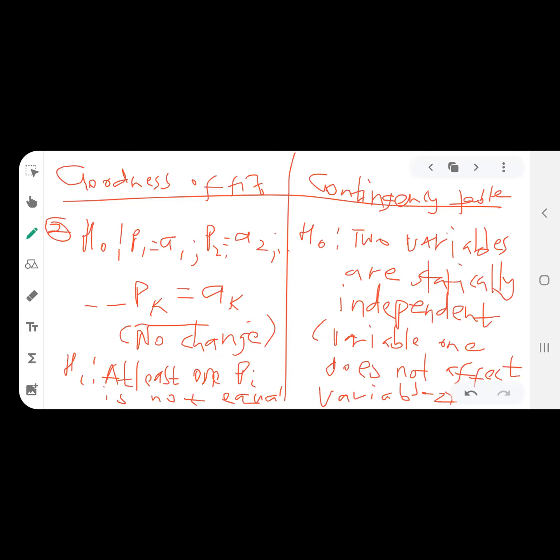Do I make sense? That is what it means when we say 2 variables are statistically independent. It means that the outcome of one variable does not influence the outcome of the other variable in question. Are we together?